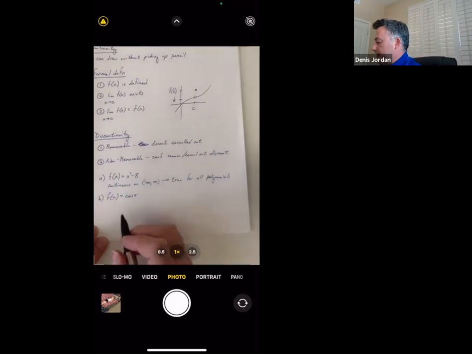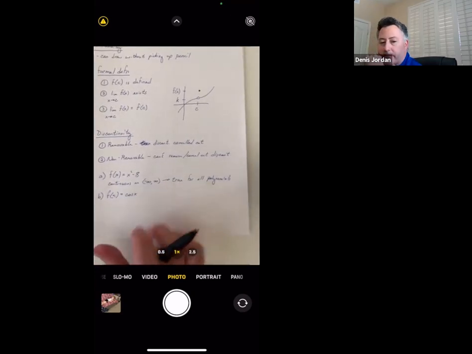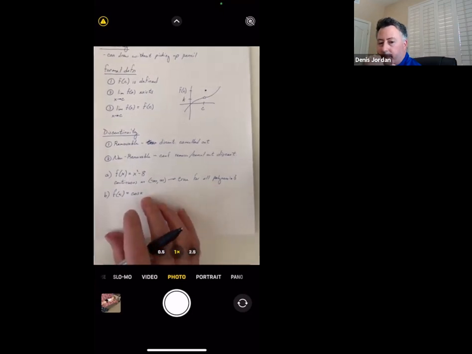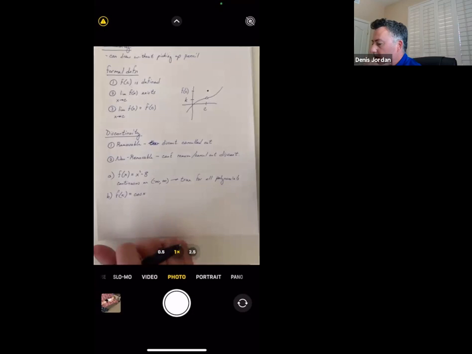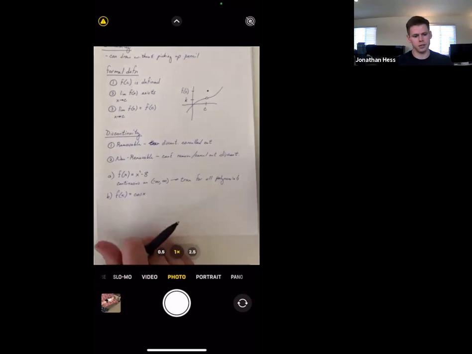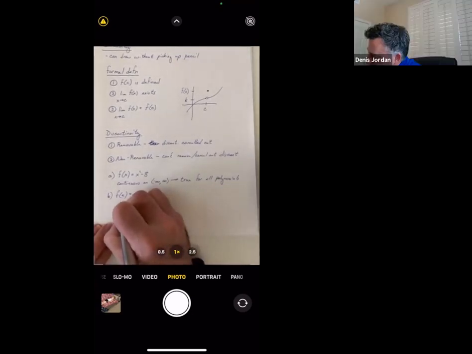All right, what if you had f of x is equal to cosine? Well, same thing. It's continuous everywhere.